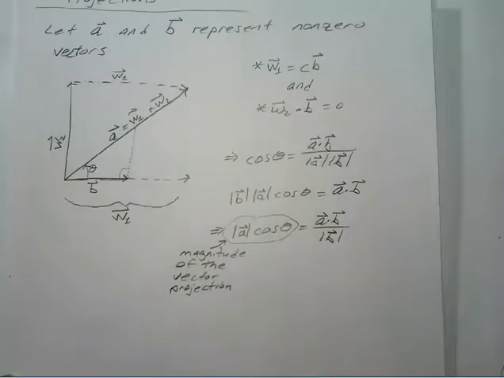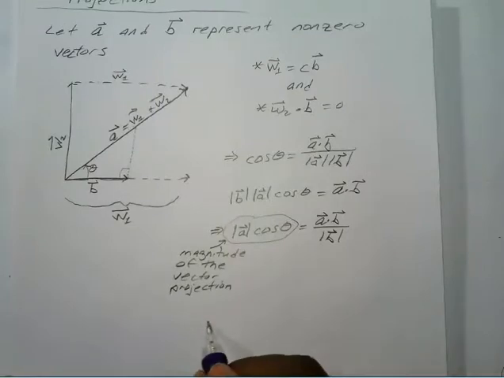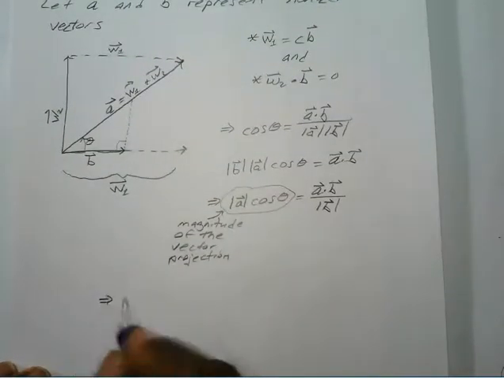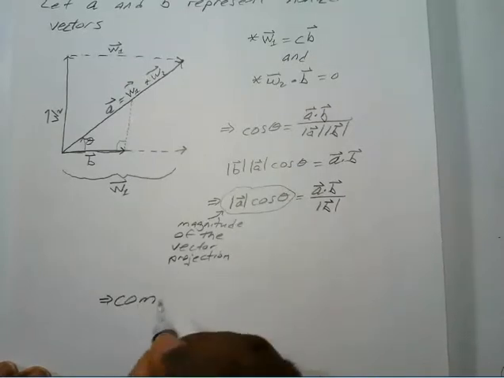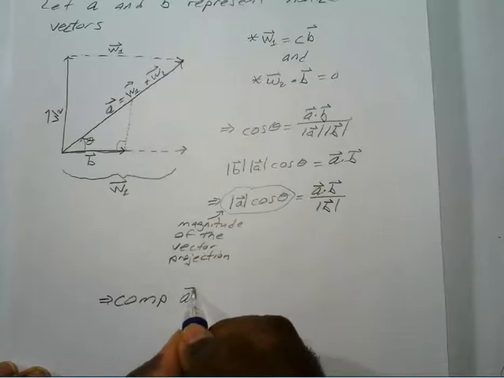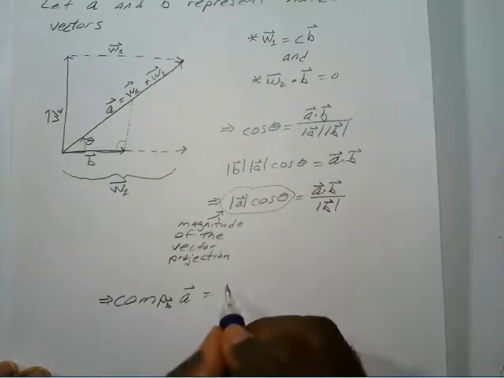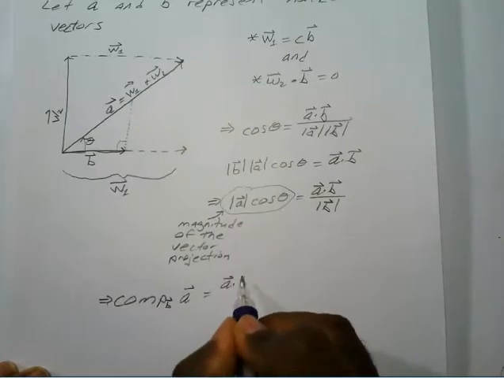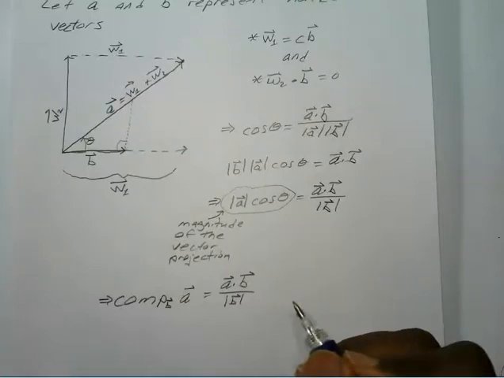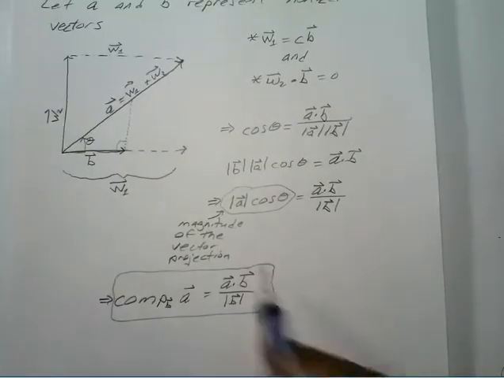Okay, so since that's the case, they gave this its very own name. So you have the component of vector A onto vector B is equal to the dot product of the A and B vectors divided by the magnitude of the B vector.